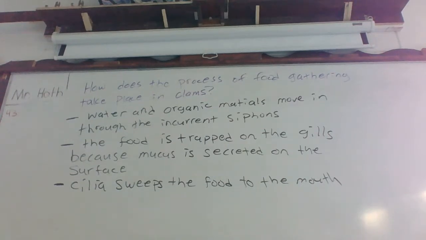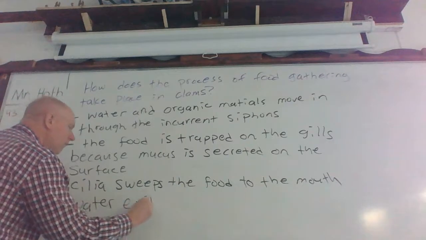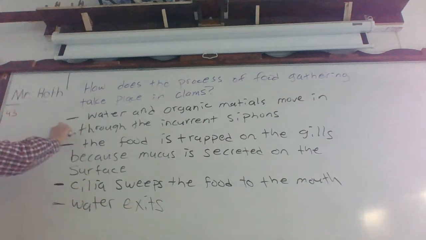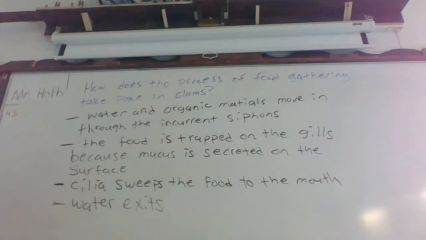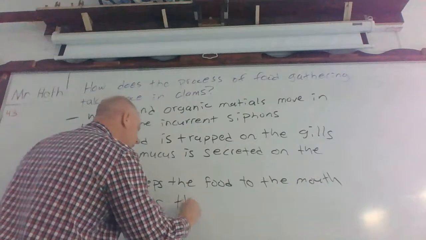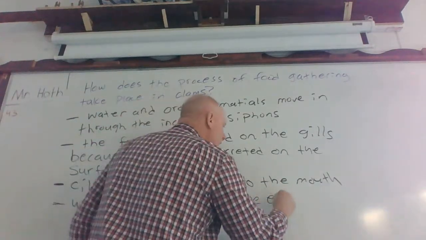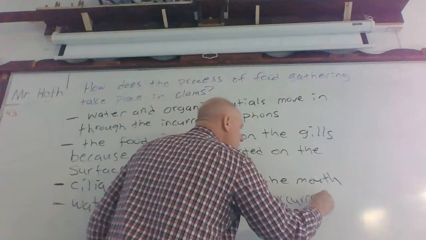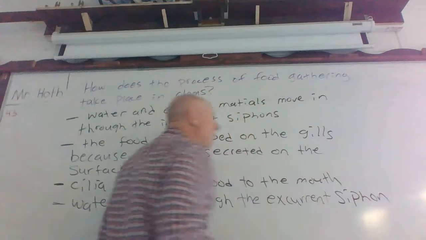Then, finally, once it's been separated, then water will exit. Okay, so if water is coming in through this, where's it going back out of? Excurrent siphons, or siphon, let's say.